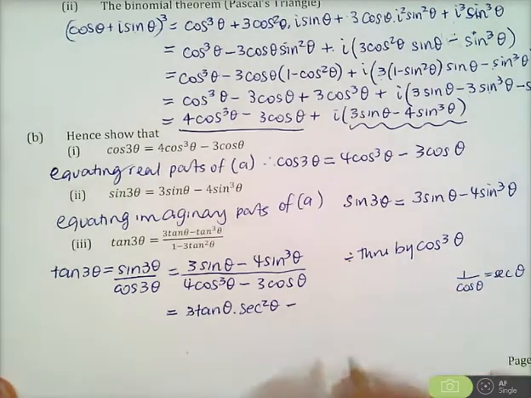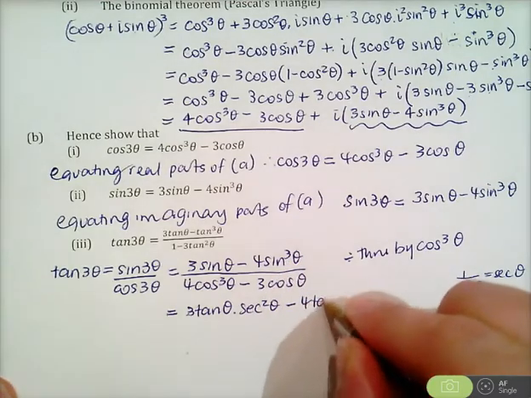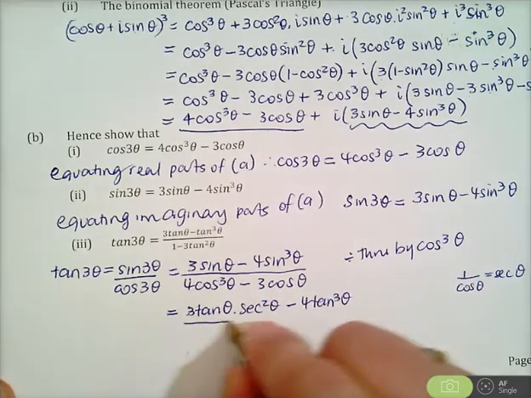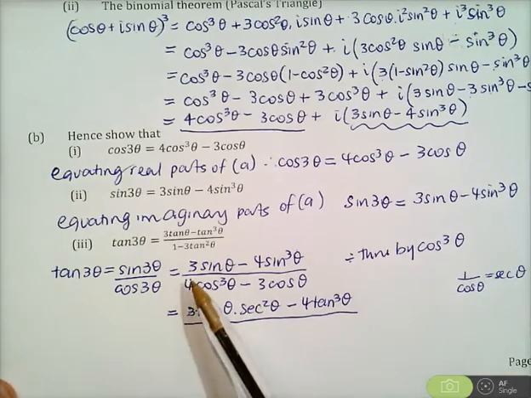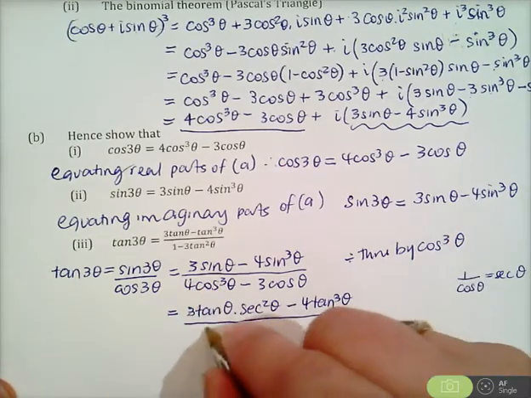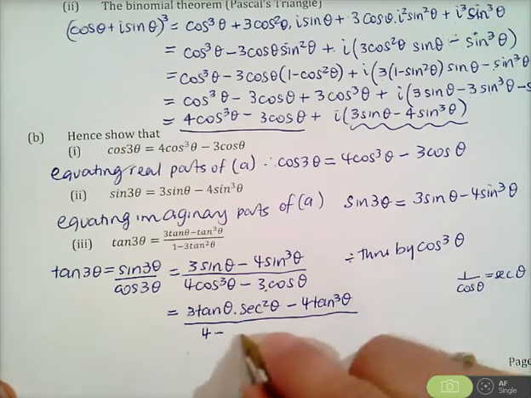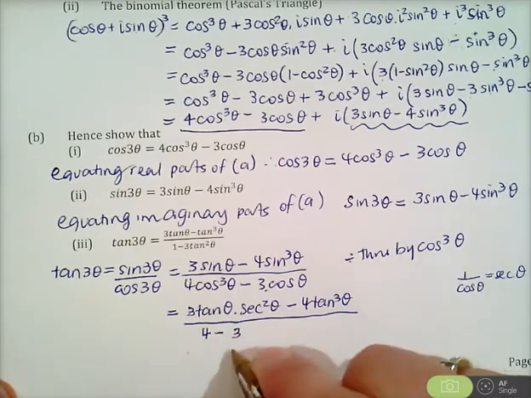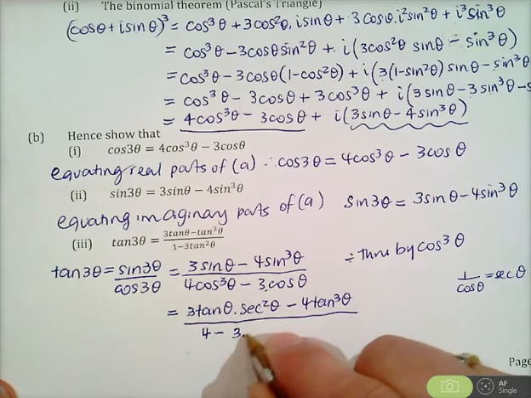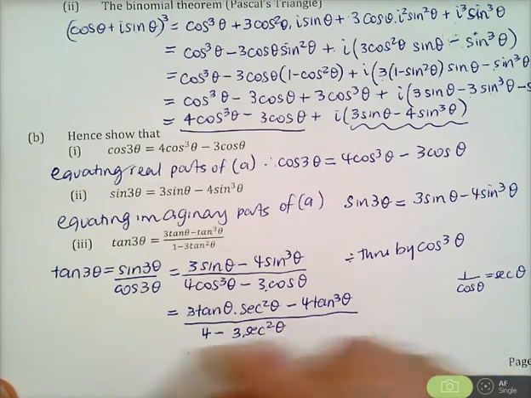Okay, minus, now if we've got 4 sine cubed theta over cos cubed theta, we get 4 tan cubed theta. Then we go over. Now 4 cos cubed theta divided by cos cubed theta is 4. And 3 cos theta over cos cubed theta will be 3 over cos squared theta, which is 3 times sec squared theta.